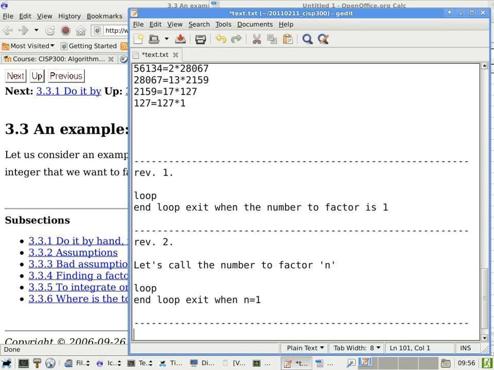Great. Now this is already making a lot of progress. Because if you think about it, I have identified this is a loop. I have to use either a while or a repeat until. That's good. That is useful information. But even more useful is I have identified when I can get out of the loop, when n equals 1.